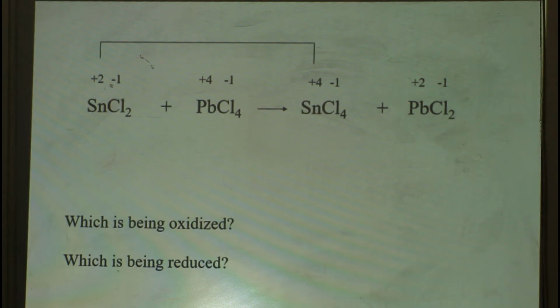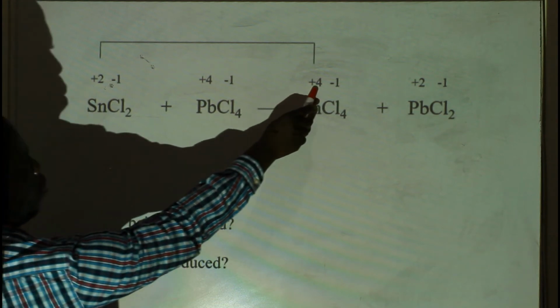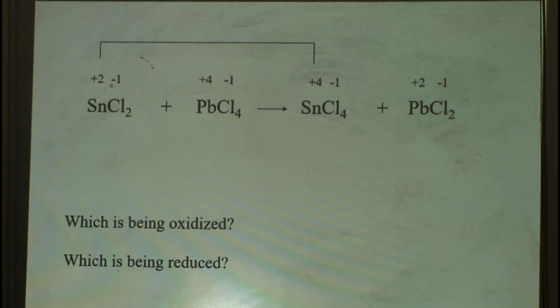Now, you realize that the tin has increased in oxidation state, that is from +2 to +4. There has been a change. There has been an increase in oxidation state. So with this change, we call it oxidation. Now let's look at the lead.